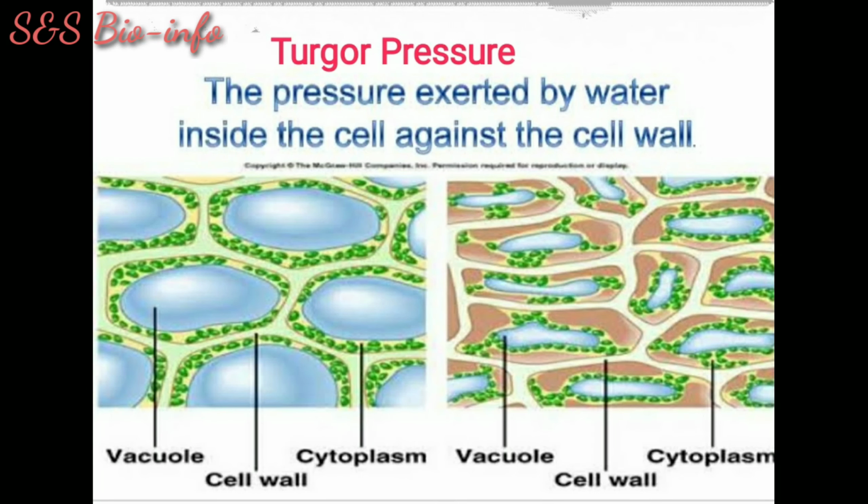Now let's understand which type of pressure is created inside the cell. It is turgor pressure. The pressure exerted by water inside the cell against the cell wall is called turgor pressure. Now let's understand how the cell wall protects the cell from the turgor pressure.